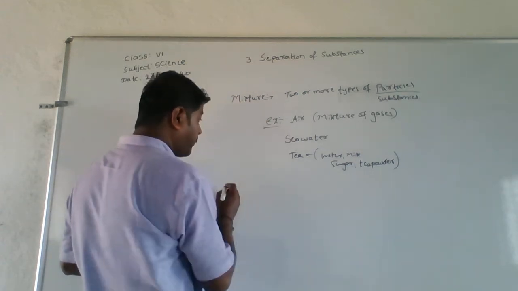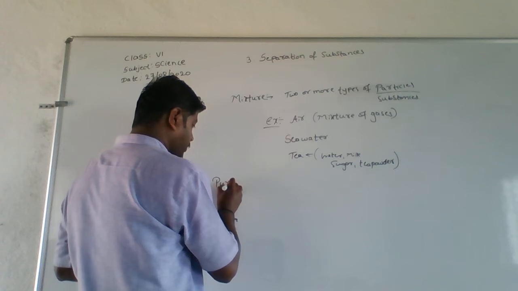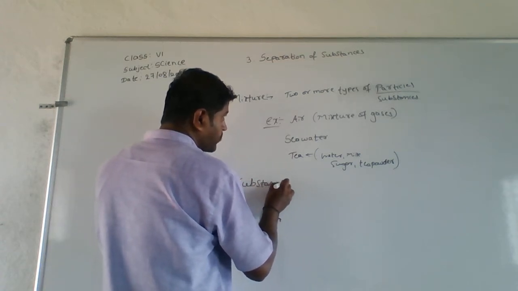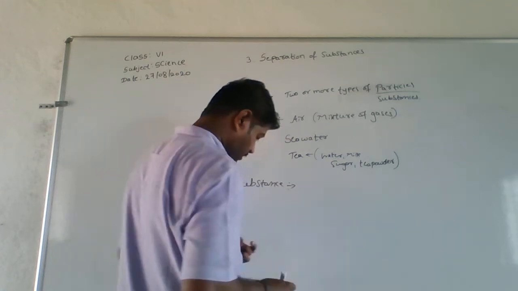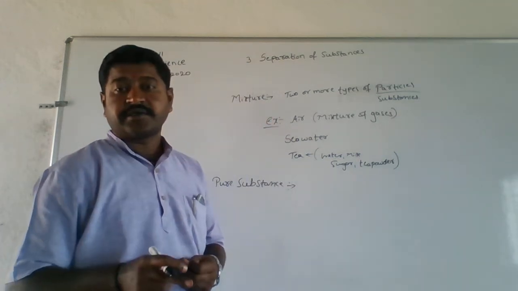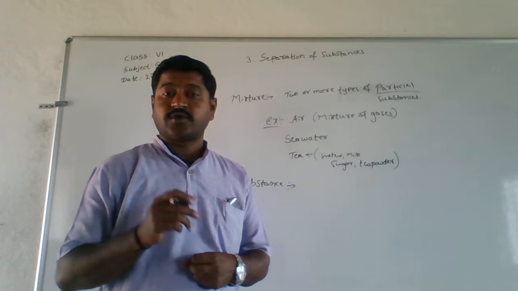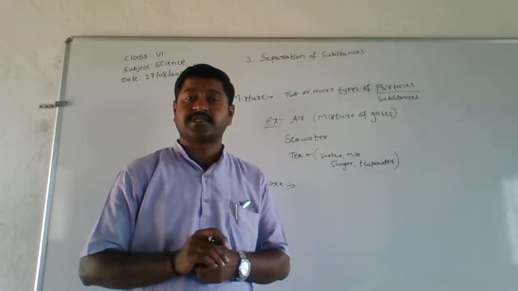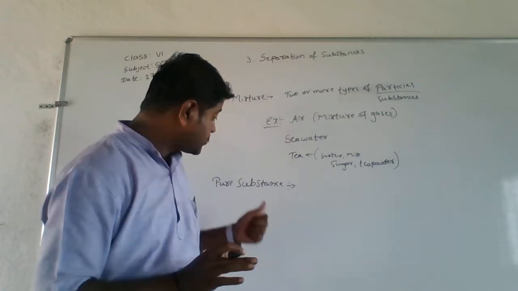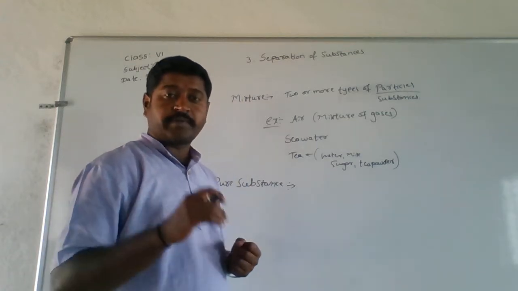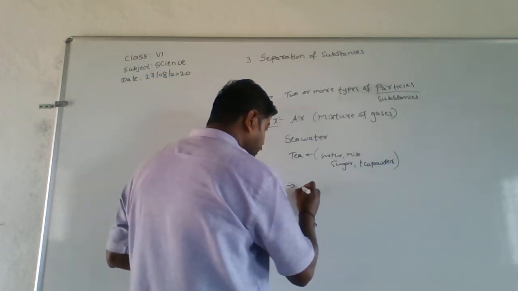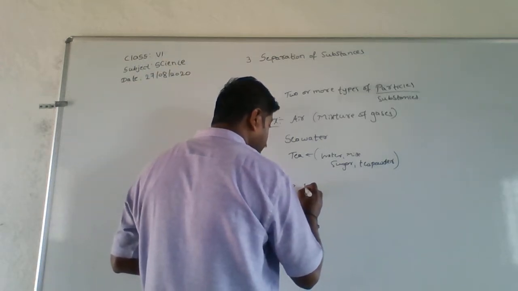Then what next? The next is pure substance. In a mixture, we had two or more than two types of particles or substances. Whereas in a pure substance, we'll have only one type of substance.